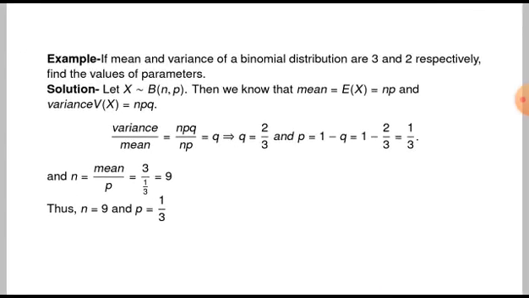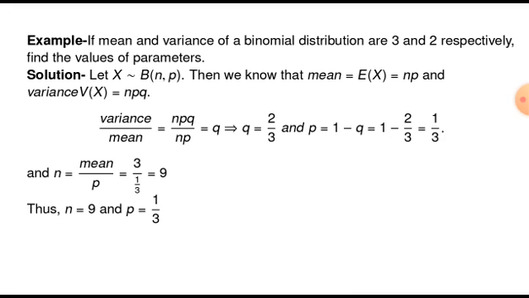Now here one more example, but it is of different kind. The difference is that in the previous example, we are given the values of parameters and asked to compute probabilities of various events.